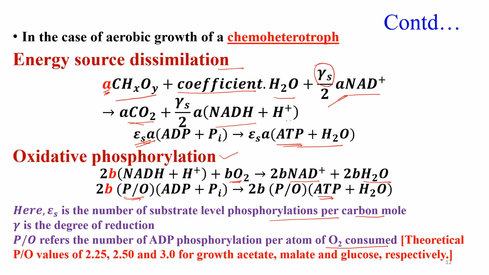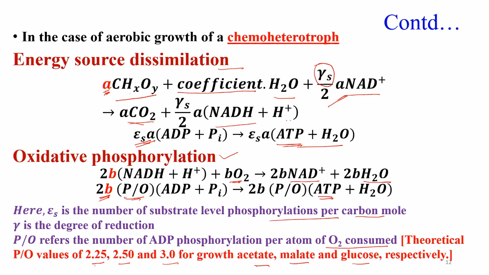What is the oxygen consumed here? 2B. So 2B times P by O of ATP is also synthesized here. I have listed the theoretical P by O values: for acetate it is 2.25, malate 2.5, and glucose 3.